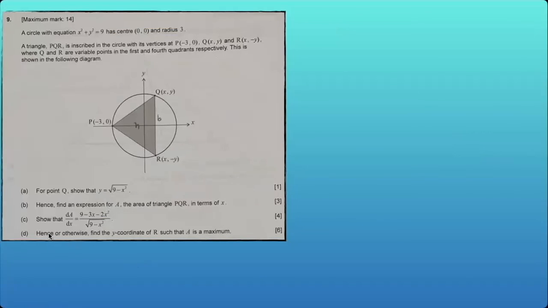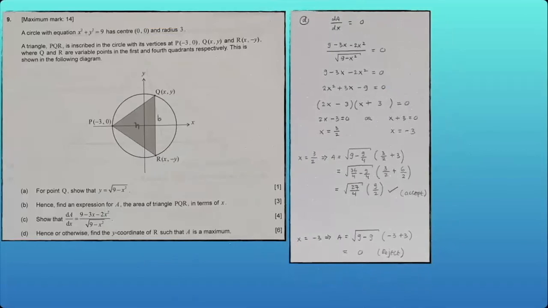Last question. Hence or otherwise find the y coordinate of R such that A is a maximum, that R coordinate there. This is an optimization question. So in this case, we can equate dA by dx to 0, like so.